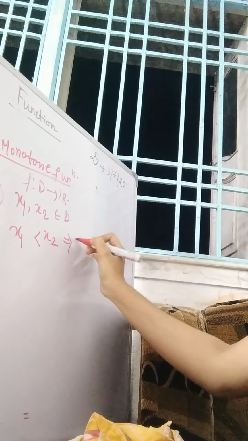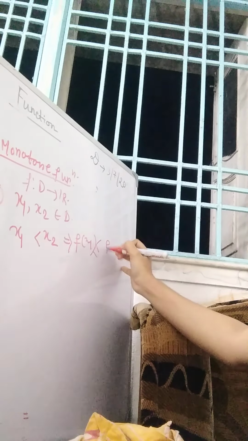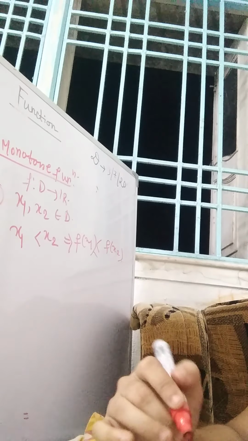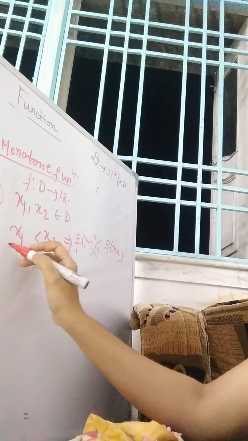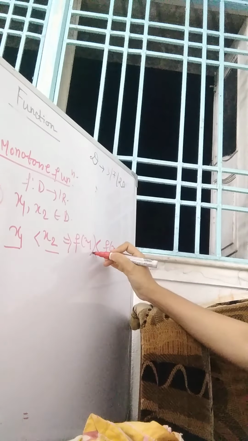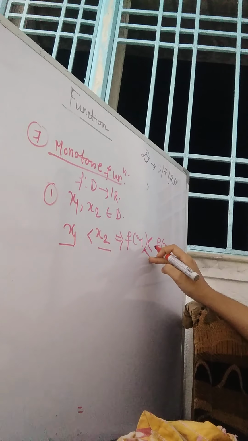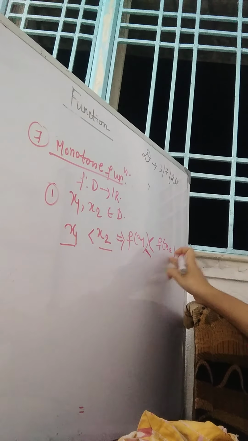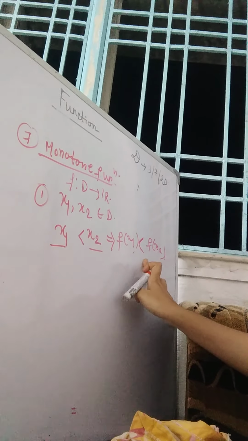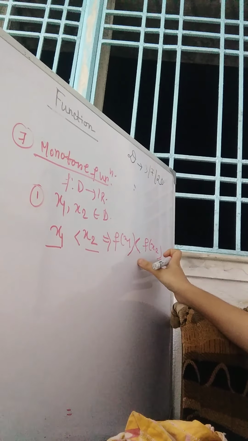If this implies that f of x1 is less than or equal to f of x2, then it is monotone increasing. If it is strictly less than, then we call it a strictly monotone increasing function.